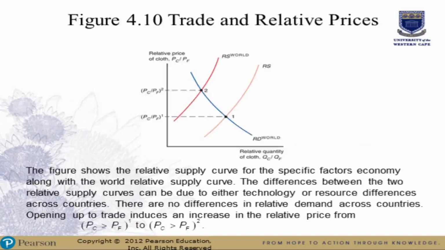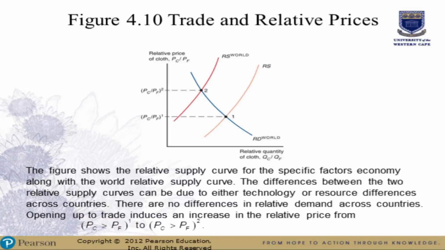Figure 410 shows the relative supply curve for the economy along with the world relative supply curve. When the economy is open to trade, the relative price of cloth is determined by the relative supply and demand for the world, as depicted at point 2. This differs, due to technological differences, from the relative price of a country in autarky.